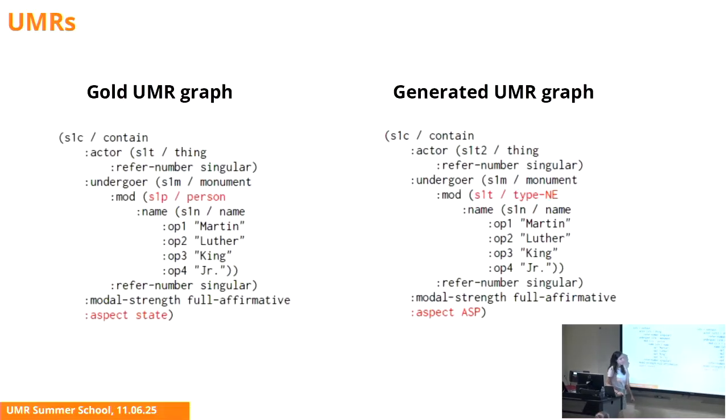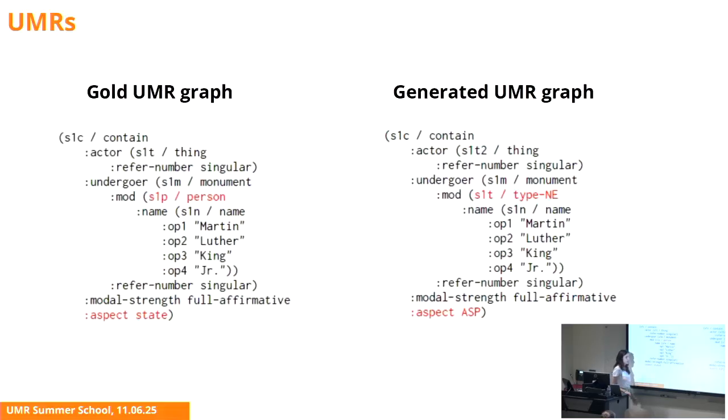But let's take a step back. We have here the gold graph on the left and the generated graph obtained from UD on the right. As you can see in this case, and this is the sentence from two slides ago, the conversion works pretty well. The structure is exactly the same. There are two differences which are highlighted in red.